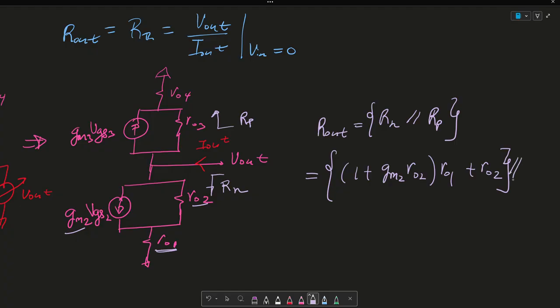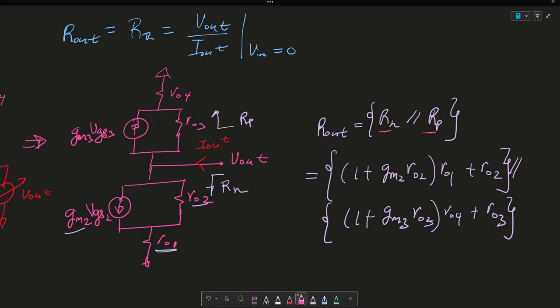And this is in parallel, again, with 1 plus, looking up, this RP, which is GM3 RO3, RO4 plus RO3.